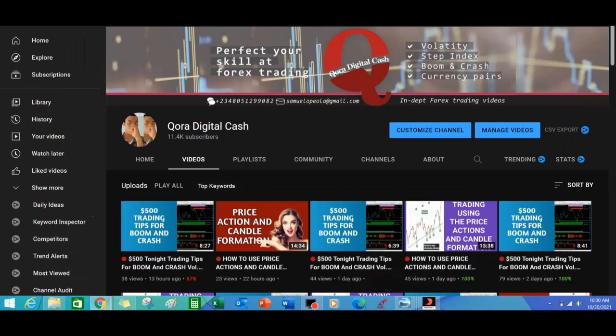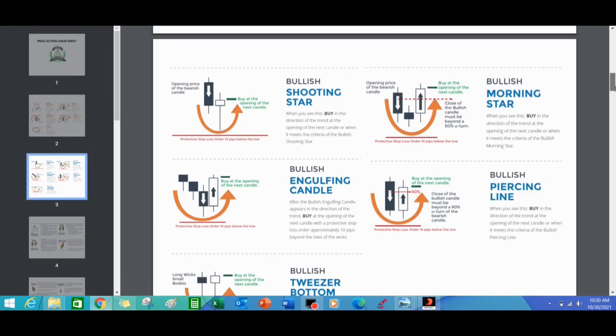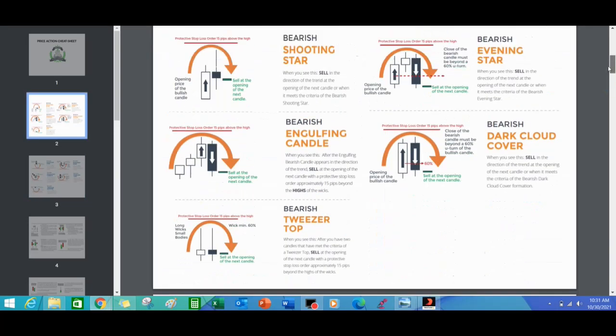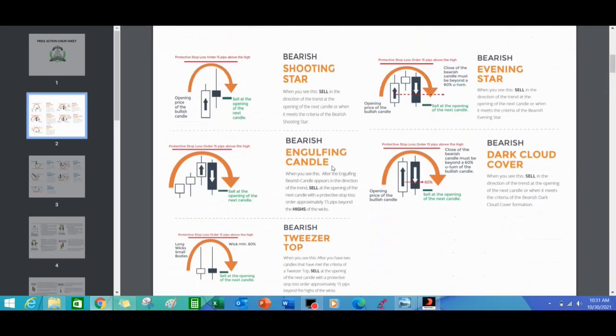So quickly, let's go straight into what we have right away. Like I said, we are discussing price action and candle formation, which is very important in having successful trading activities. So let's quickly go straight to the charts. Just the way you have seen it, a few days ago we discussed the bearish patterns, and these are some of the bearish patterns that we discussed, which are the shooting star, bearish evening star, engulfing candle, dark cloud cover, then tweezer top.